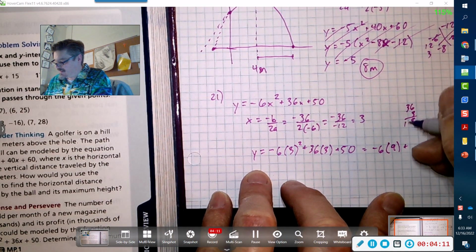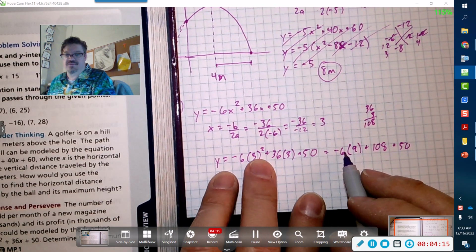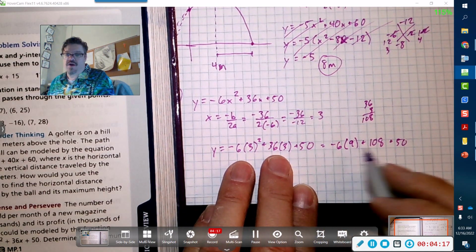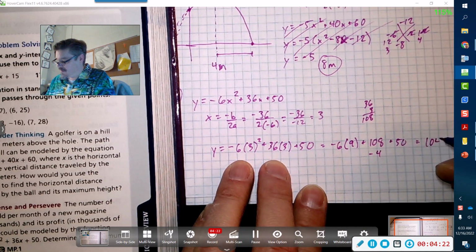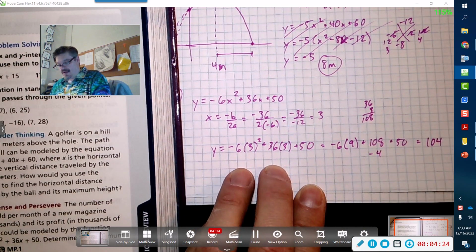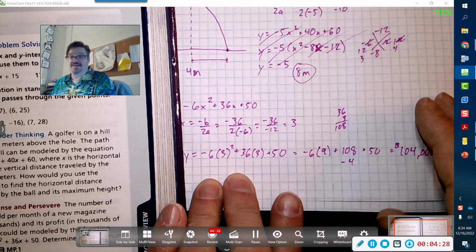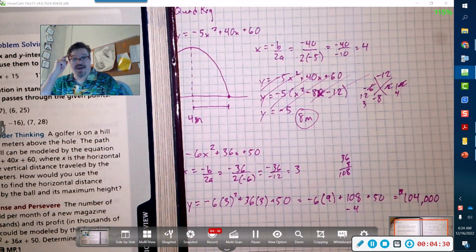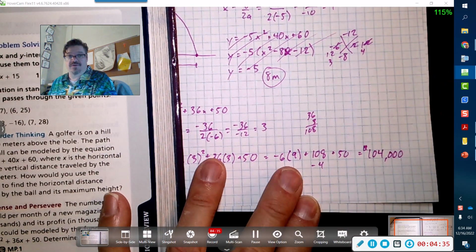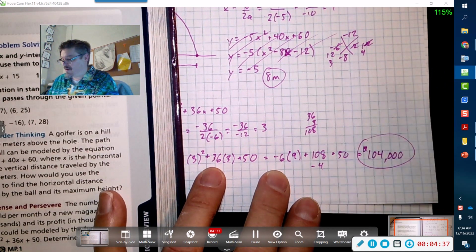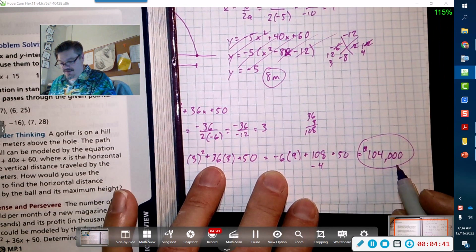That's negative 54 plus 108 plus 50, which gives a total of 104, and that is $104,000. 104 is a pretty lousy profit, so hopefully that rang a bell that it doesn't seem right. To sell 3,000 magazines and only make $104, probably not worth the time, but this is the answer.